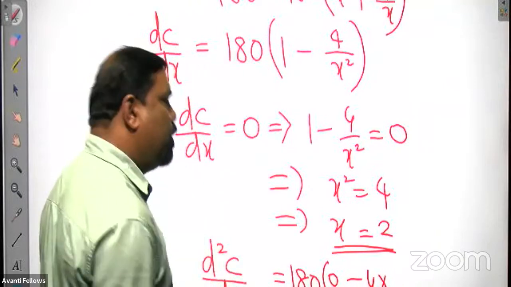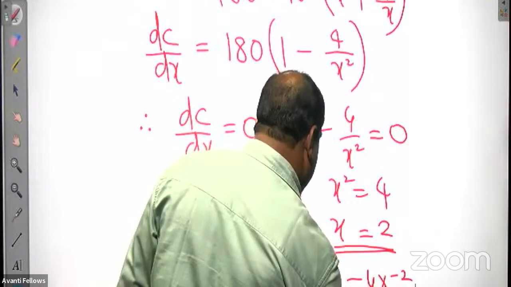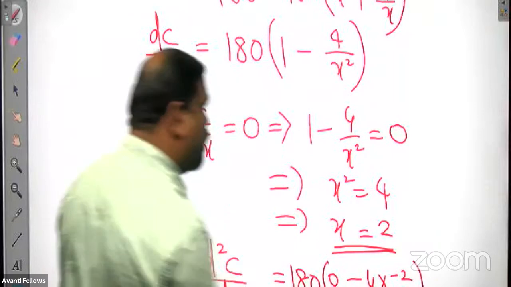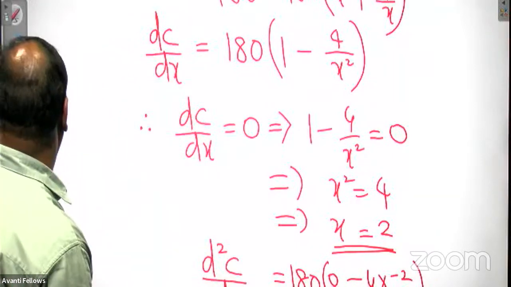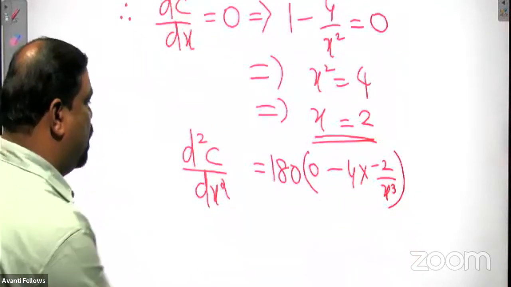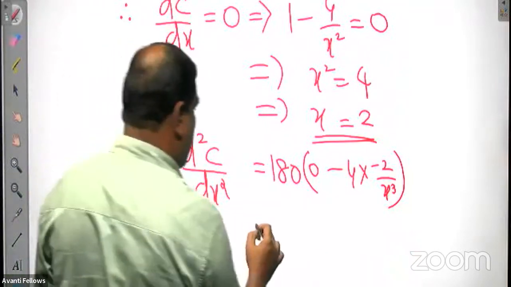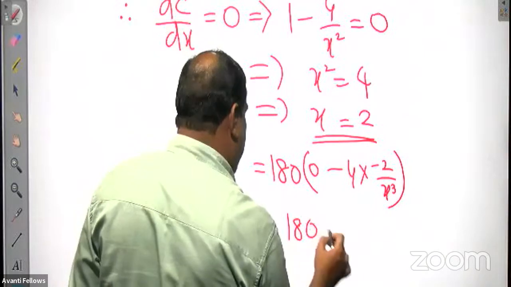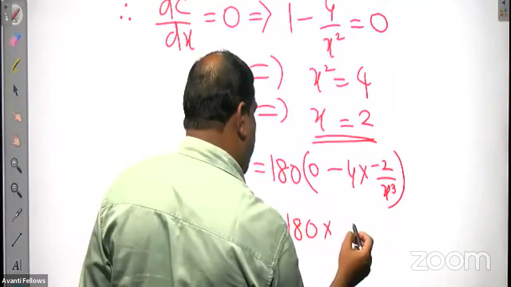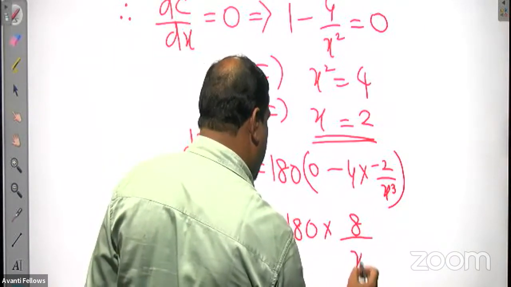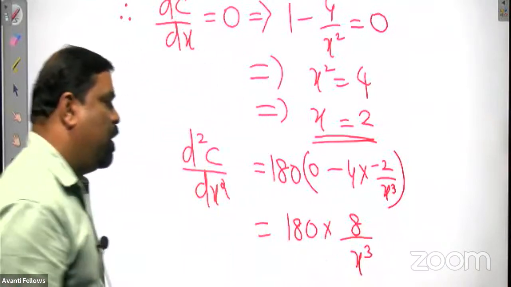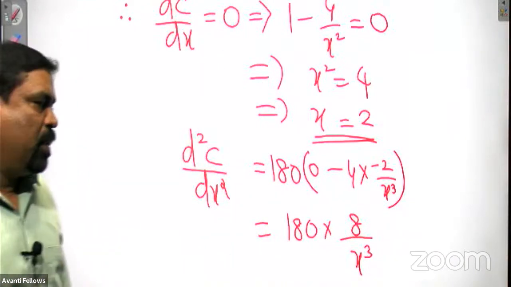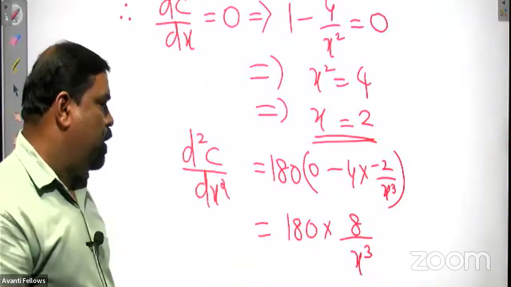So minus 4 into minus 2 by x cube. Derivative of 1 by x square is minus 2 by x cube. So that means this is equal to 180 into, minus means positive, plus 8 by x cube. 180 into 8 by x cube.